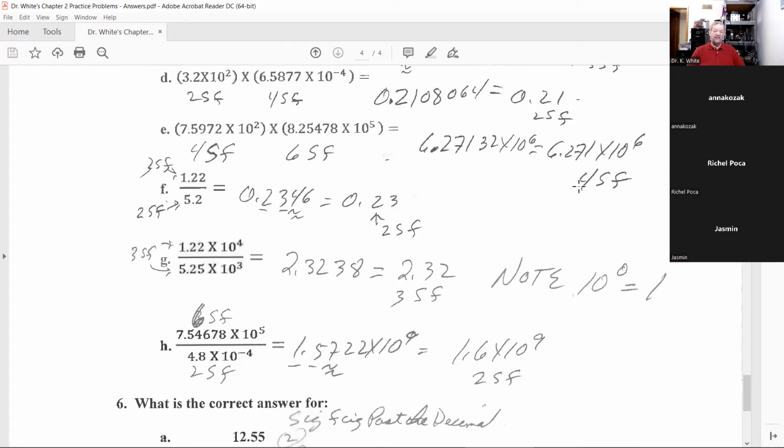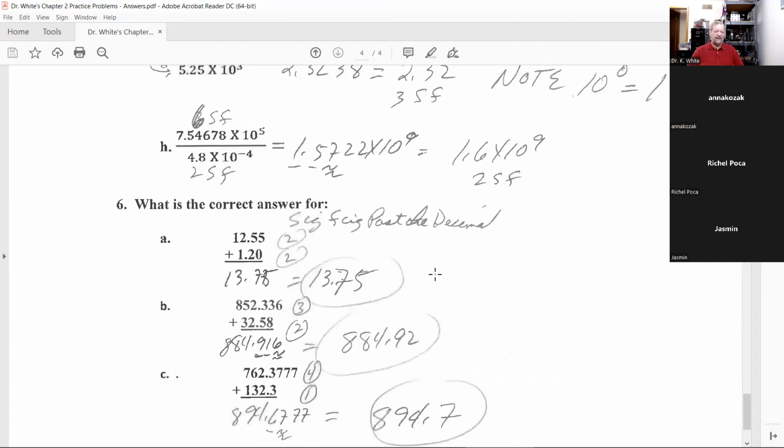You might see 10 to the 0. Remember, if you see 10 to the 0, that's equal to 1. Therefore, this number, you have to round off to 3 significant figures. Keep the 2, keep the 3, keep the 2. Use this 3 to round off. Oh, I forgot to put the squiggly line. And that's how you round it off to 3 significant figures.